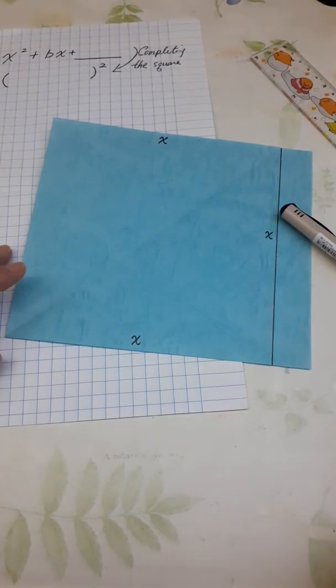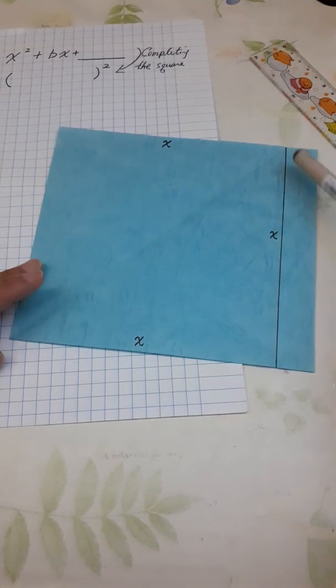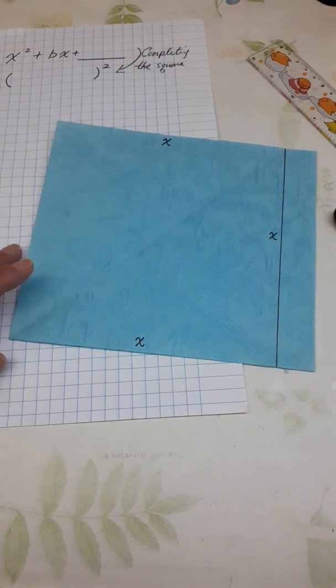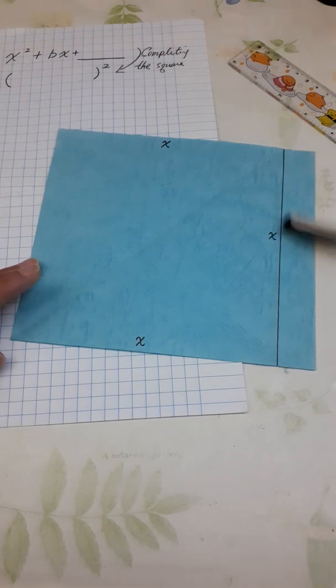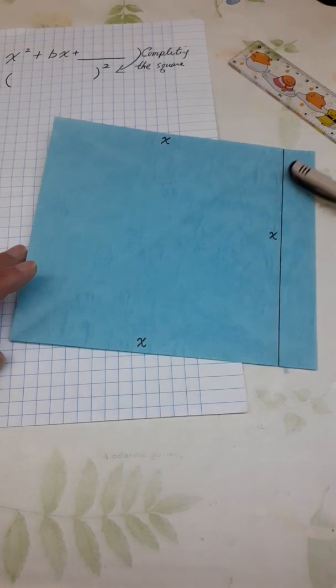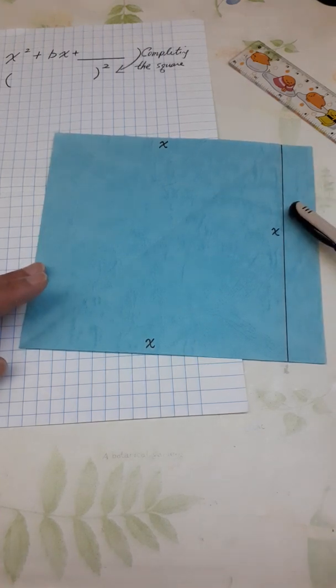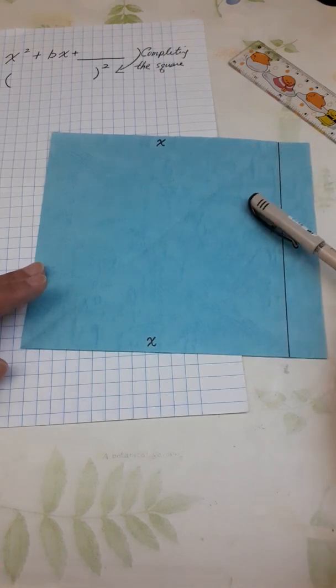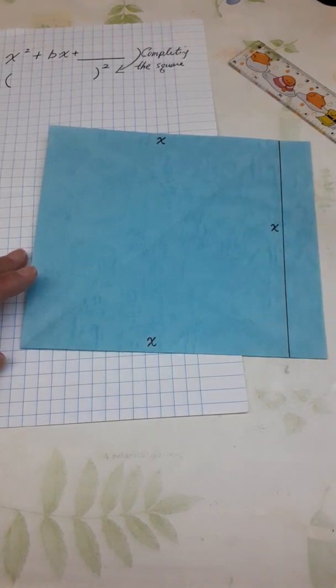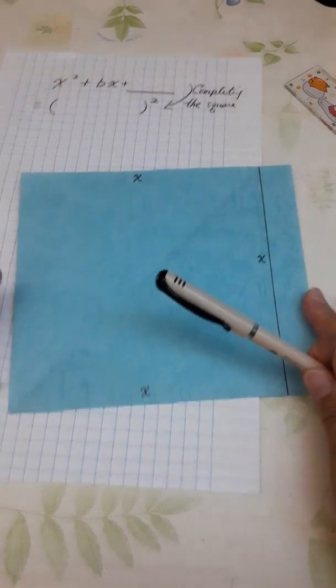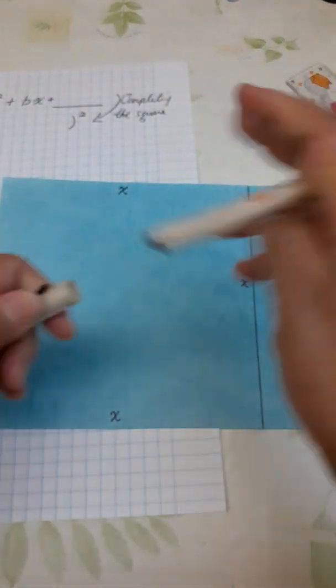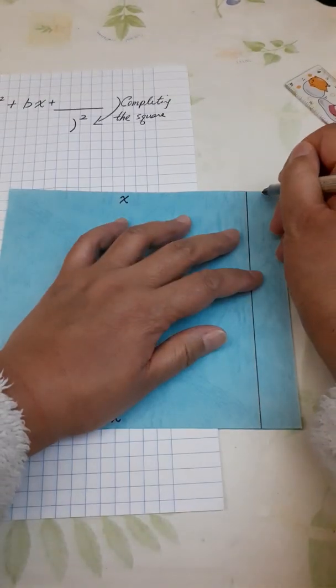One is the square on the left, and then we have a rectangle on the right. If you look at the size of the rectangle, one length is x because it is the common side for both the square and the rectangle. And the width of this rectangle should be a certain value, but I'm not going to measure it. Let's say it is b.